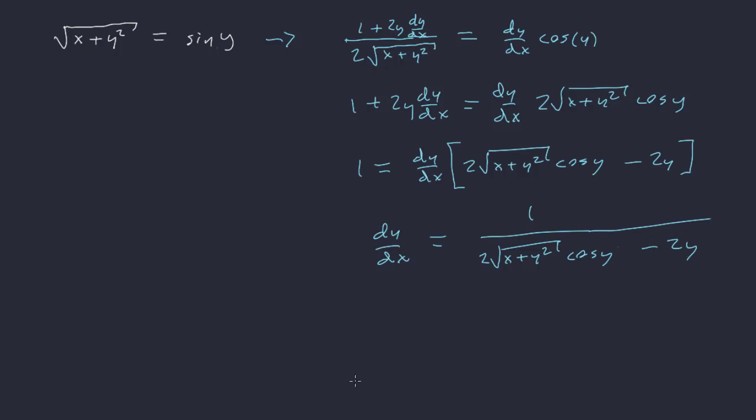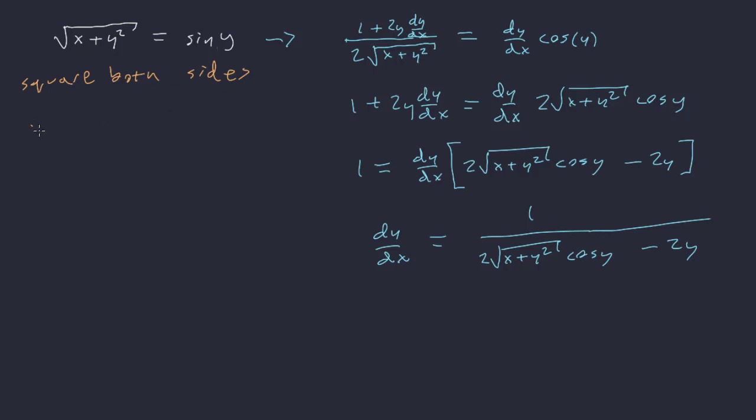All right, but another way we could go about doing this is instead of leaving it with a square root, we could square both sides. Now we do have to be careful when we do that because we can introduce some inconsistencies, some redundant solutions or things that don't work.